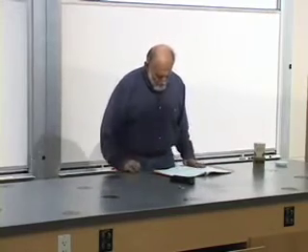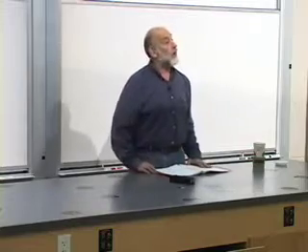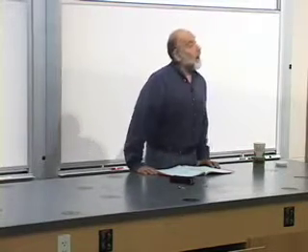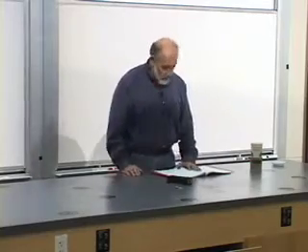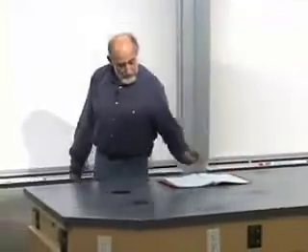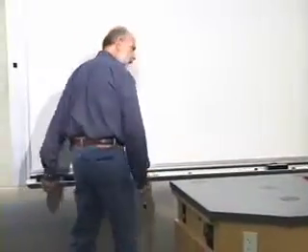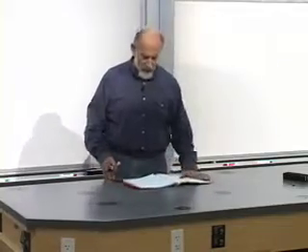Let me go back and just do correctly the motion of a particle in a plane described by a radius, a distance from the origin, and an angle, which I sort of did a little bit hastily last time.